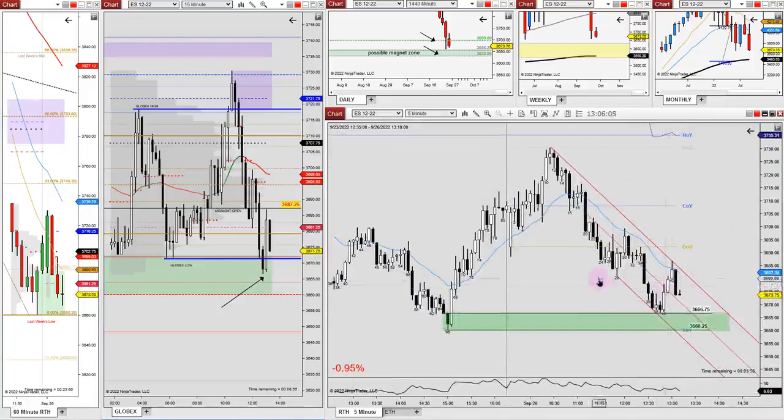And because we broke an inner structure here, even if it's a small structure, but it is there, we strongly broke that. And then we did not go above it, so we're still bearish. That's basically a lower high to me from the channel highs. So I'm not interested in buying still. I want to see what the bulls are going to do when they come back in for the second time.